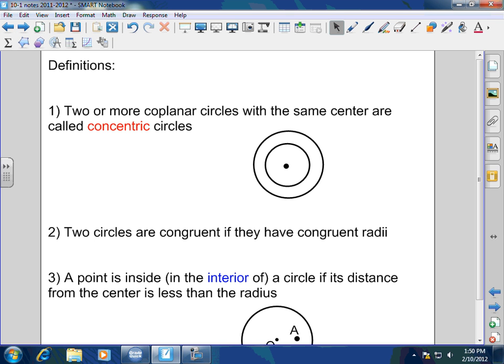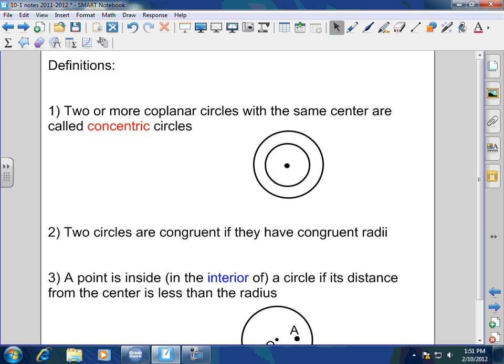Now my drawing, it's not exactly perfect, but I did the best that I can. So it is a little bit off. That truly isn't really concentric, but you get the point. Okay, two circles that share the same center. Okay, this guy and this guy, they're sharing that center. So you got concentric circles.